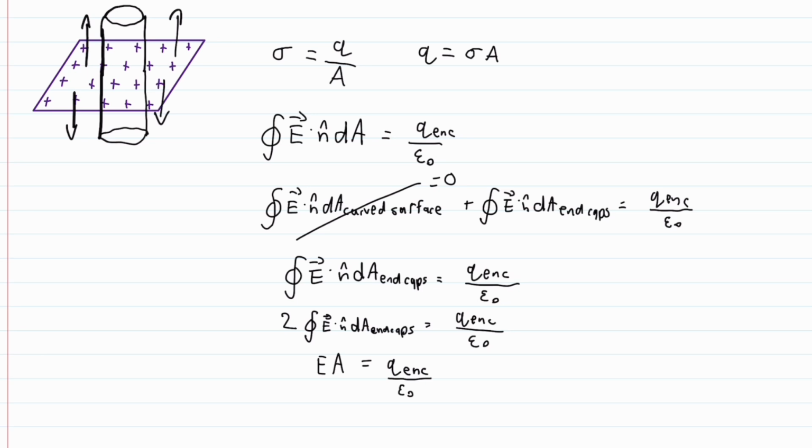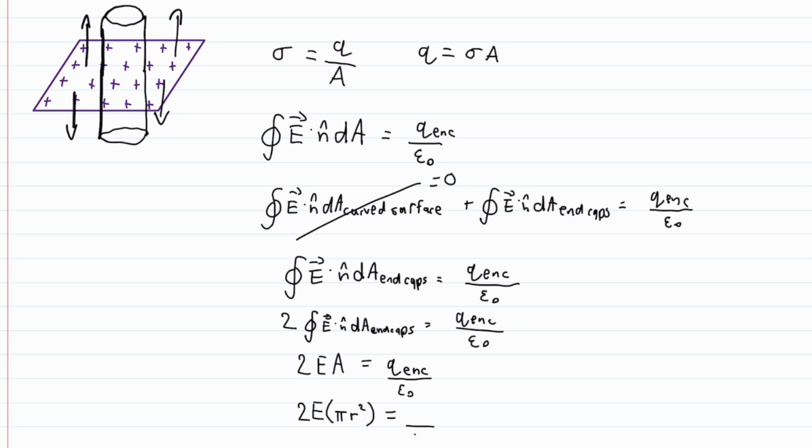So we have, I forgot to write the 2 here, 2 times E times A. A is going to be the surface area of the end caps of the cylinder. So this can be written as pi r squared equals Q enclosed over epsilon naught.